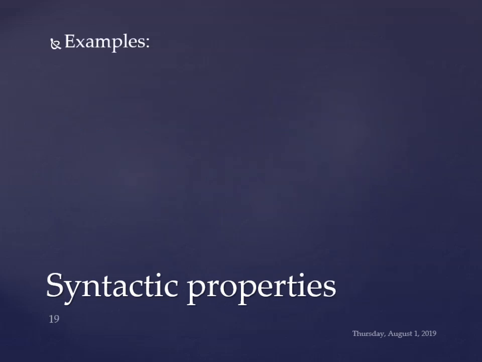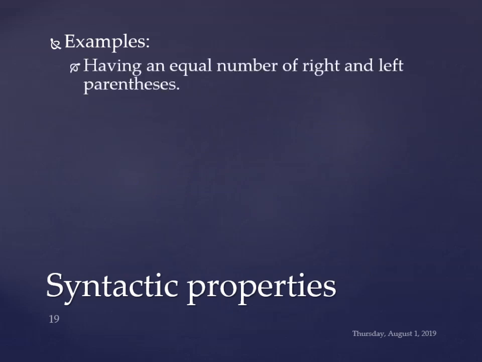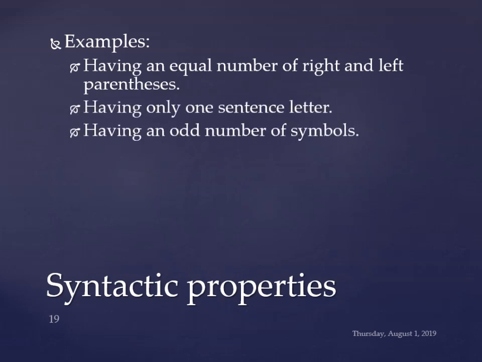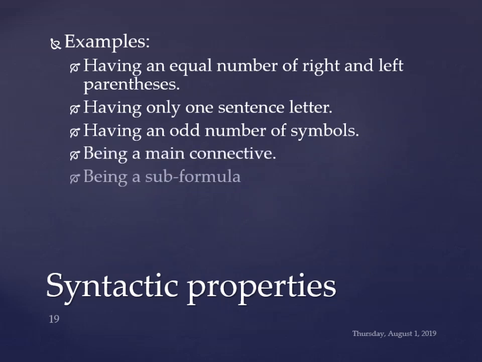So here are some examples of a syntactic property: having an equal number of right and left parentheses, okay, that has to do with how things are arranged, or only having one sentence letter, or having an odd number of symbols, being a main connective, being a subformula, being crazy long. These are all syntactic properties.